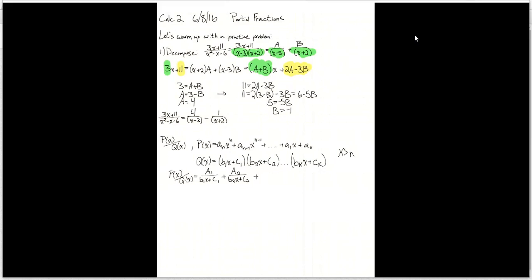And then we'll add this a few times, a few extra terms. And of course, the last one is going to be a sub k over b sub k x plus c sub k. Right? Now, where do we go from here?